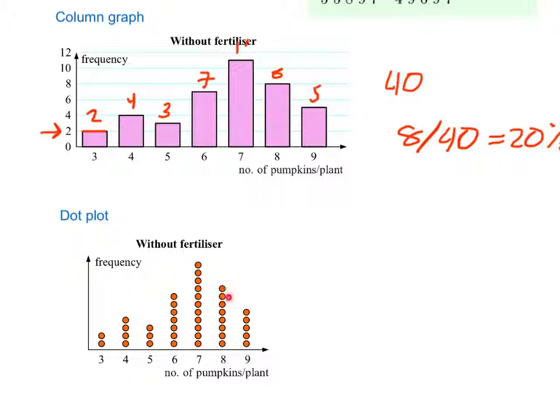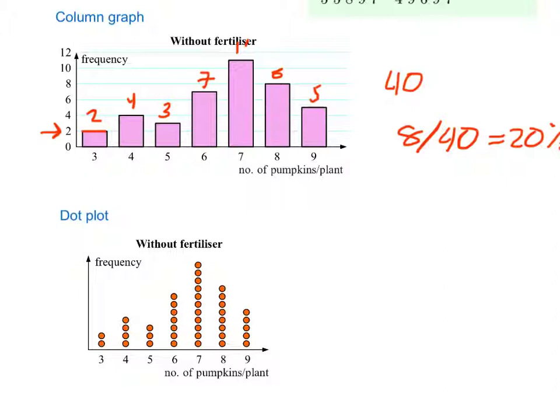Likewise, I know that there are 8 plants that produced 8 pumpkins each. And so I have 8 dots in that column. I can use very similar methods to determine percentages of particular sets of this data.